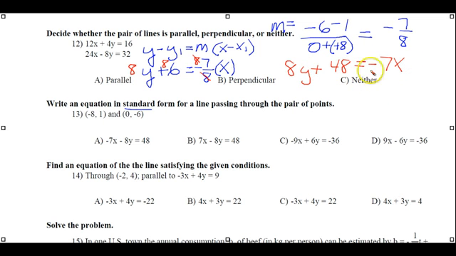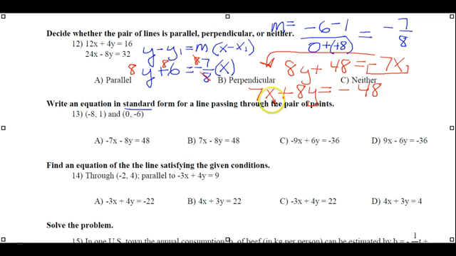Now, we're still not in standard form. We have to take this term and move it to this side where it changes its sign, so negative 7x on this side becomes positive 7x. Just copy our 8y and then transpose this to the other side where it becomes a negative 48.